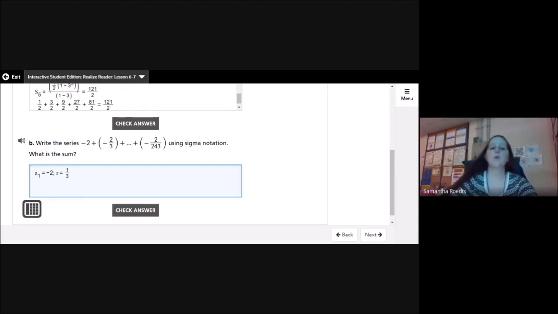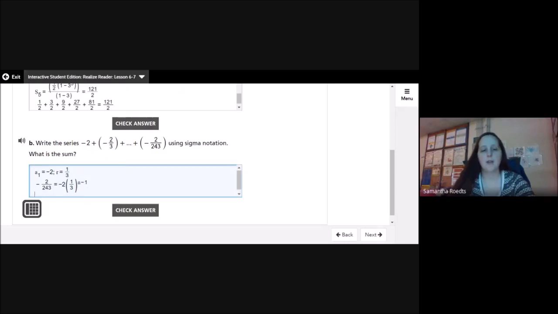So then I need to figure out what my n value is. So my last term, -2/243, equals -2 times 1/3 raised to the n minus 1 power.